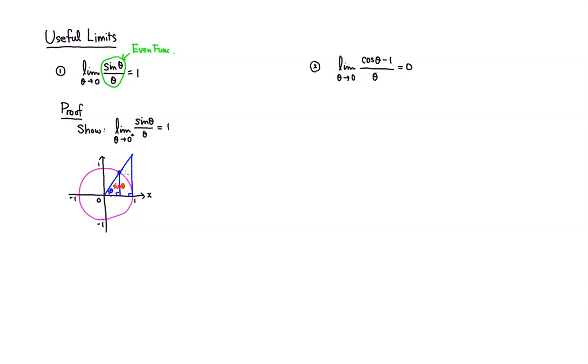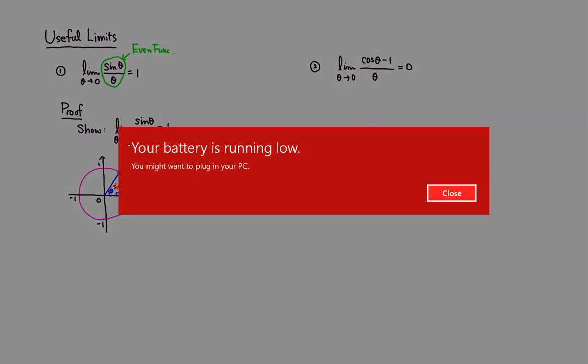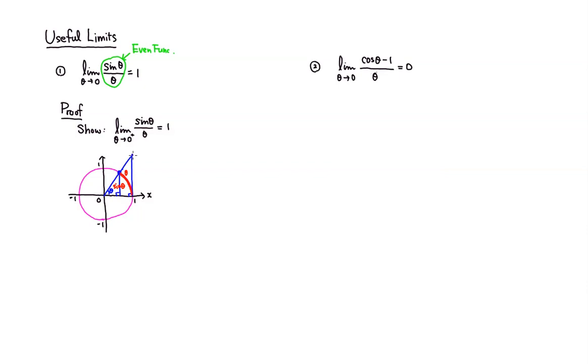And the length of this arc right here is the radius, which is 1 because it's a unit circle, times the angle in radians, which is theta. So the length here is theta. And here, if you extend this and find the intersection with the vertical line, then this length can be represented by tangent of theta.